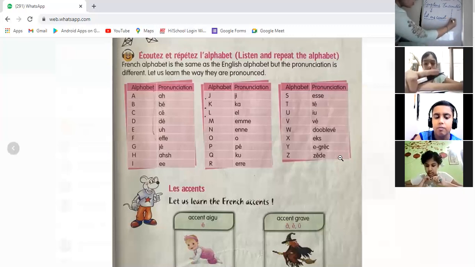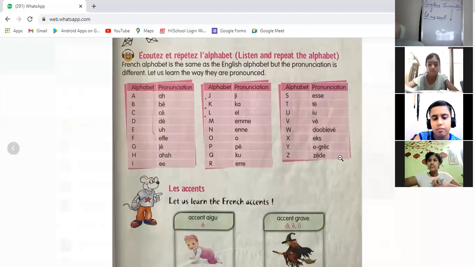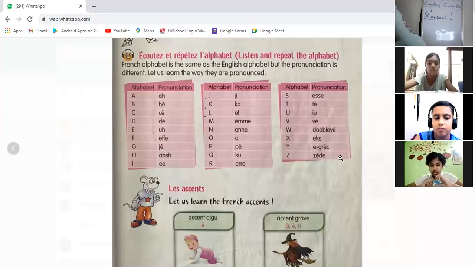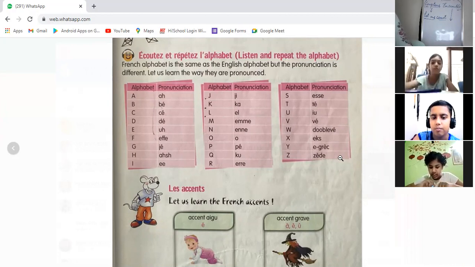Ash. Then I is called E. Now alphabet I is pronounced as E. So let's speak all of them together. F, G, H, I. F, G, H, I. Very good.